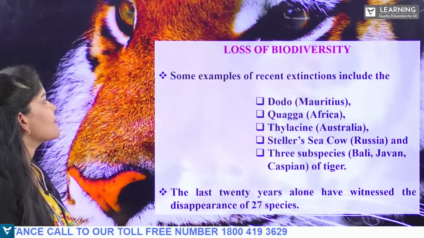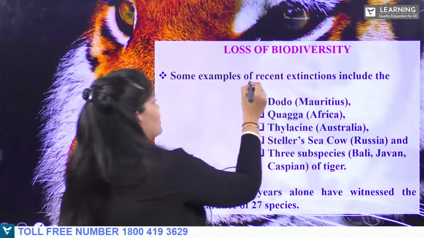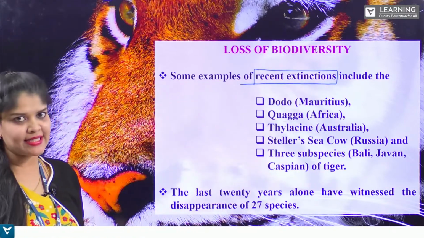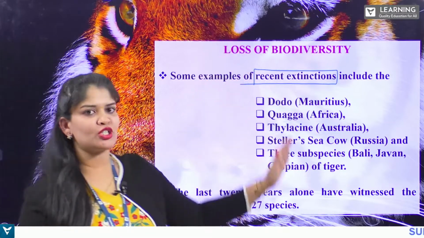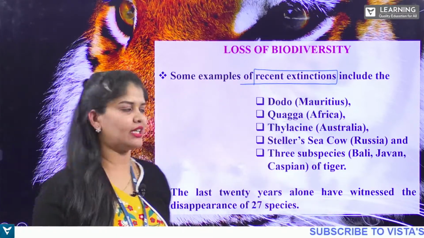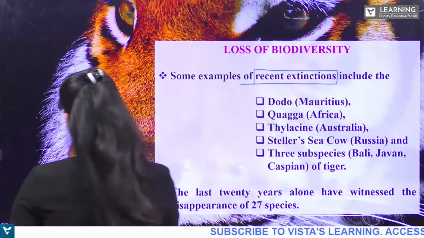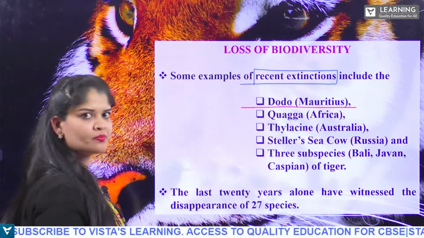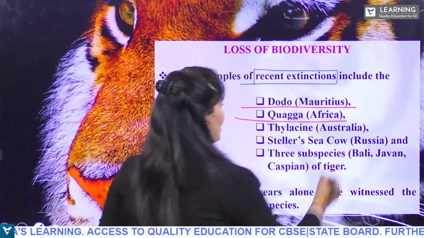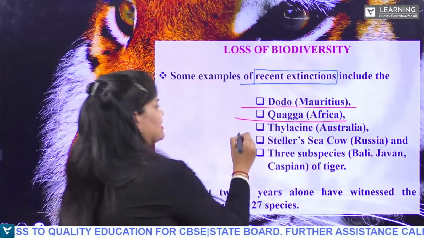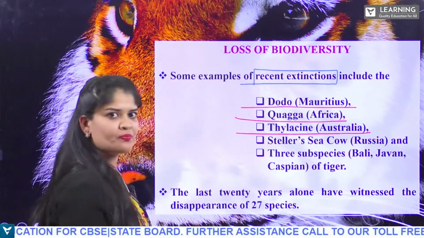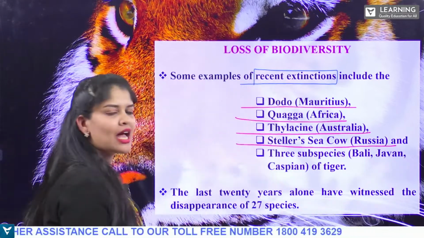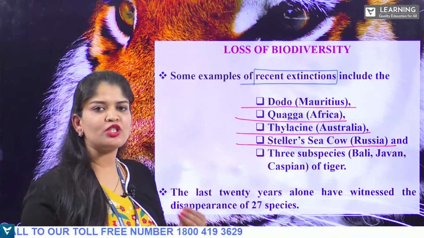Now, some examples of recent extinctions. These are the list of the species which never exist now. These are the species that have become extinct already. For example, the dodo from Mauritius, quagga from Africa, thylacine from Australia, Steller's sea cow from Russia, and the three subspecies of tiger.